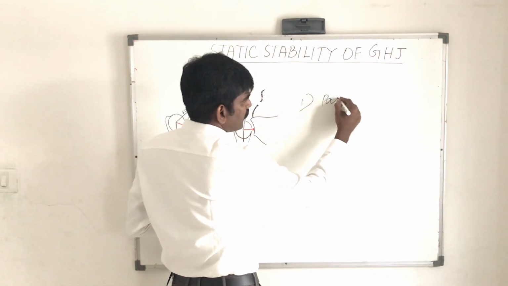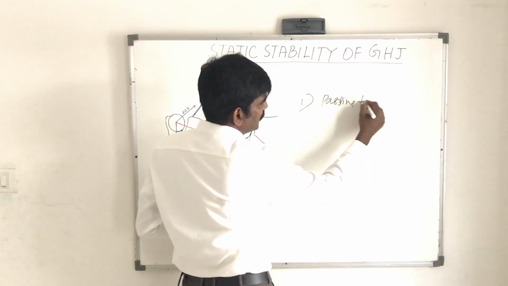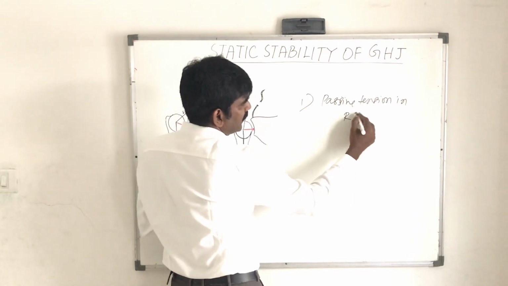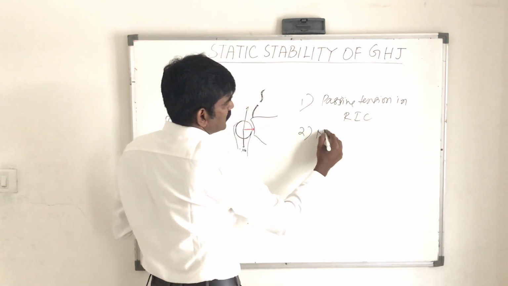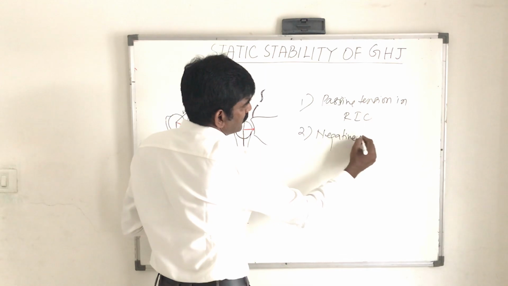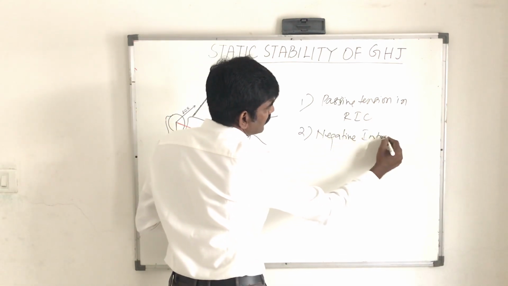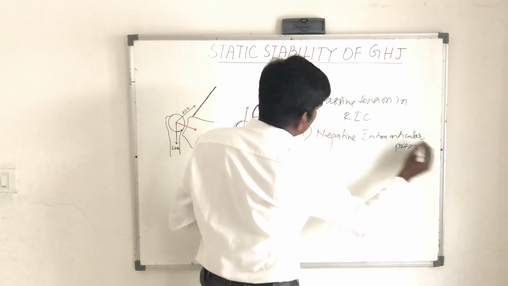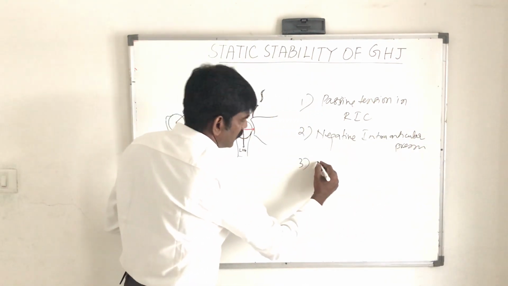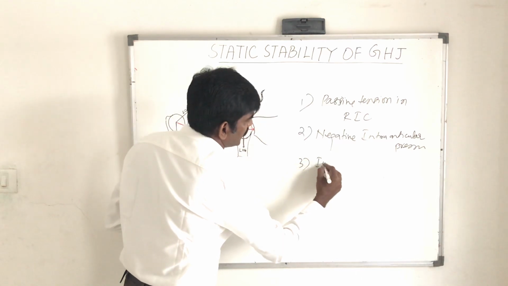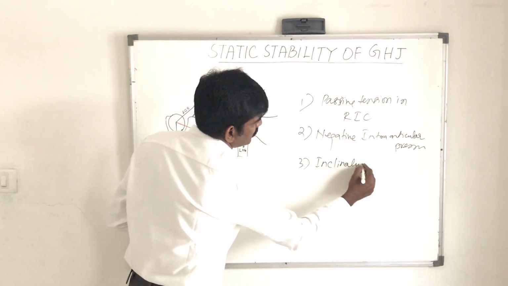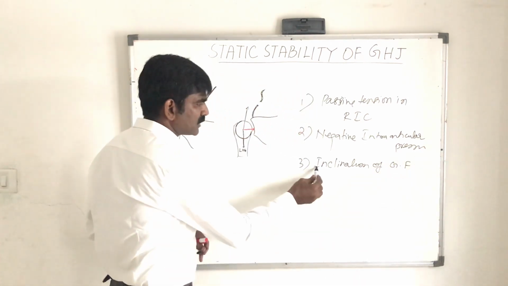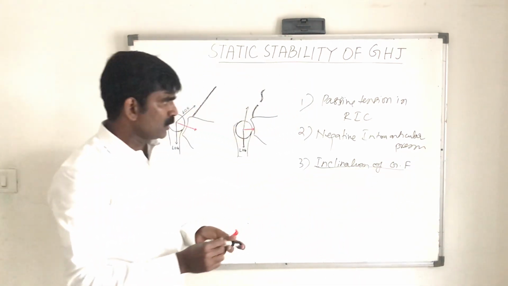Passive tension in the rotator interval capsule, and second is negative intra-articular pressure, and third one is inclination of the glenoid fossa. Here we are now discussing inclination of the glenoid fossa.